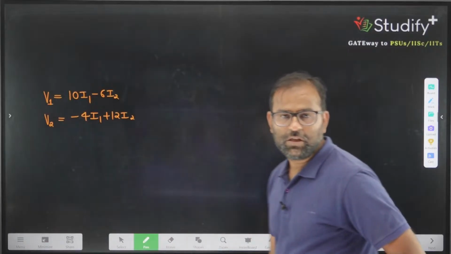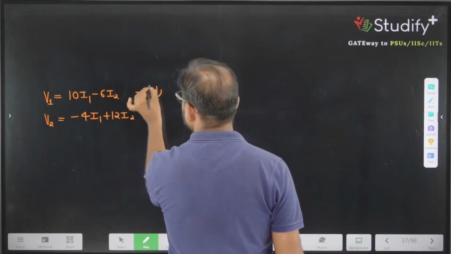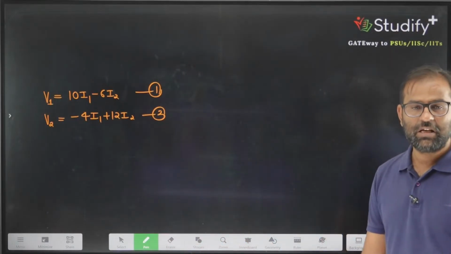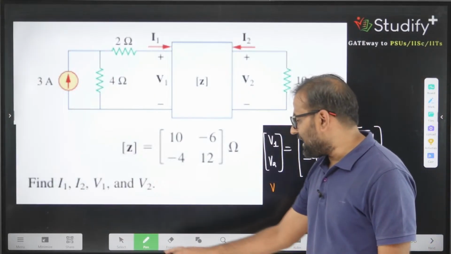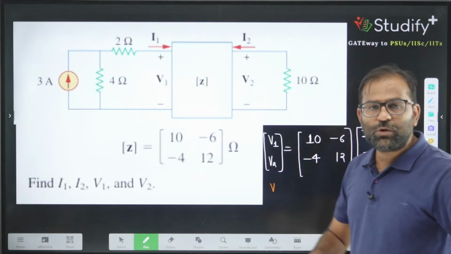These two equations are given directly. We don't have to do any circuit analysis for them. Now, do we know any other relationship?